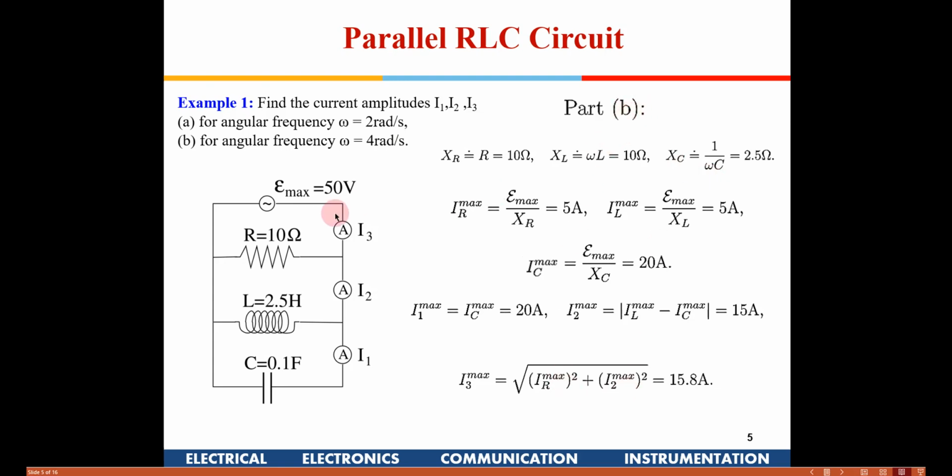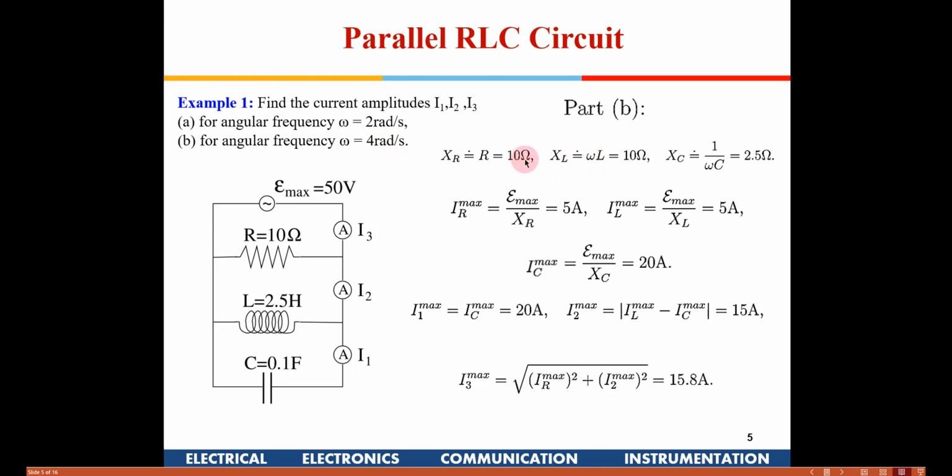Since the impedances are frequency dependent, we first need to find out the impedance offered at the particular given frequency. Here the angular frequency is given as 4 radians per second. If it is given as a frequency f, then you need to do 2 pi f, whereas if it is given in omega, you can directly write L omega here.